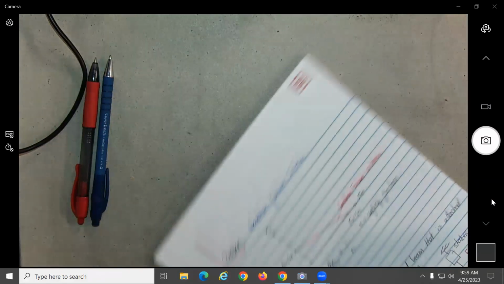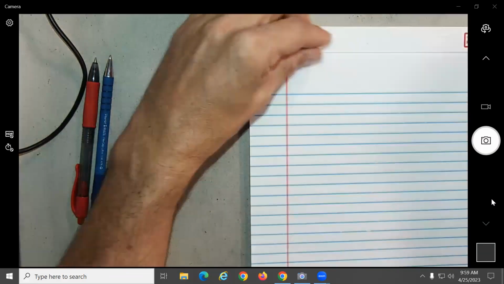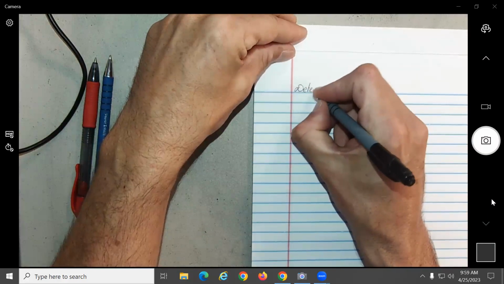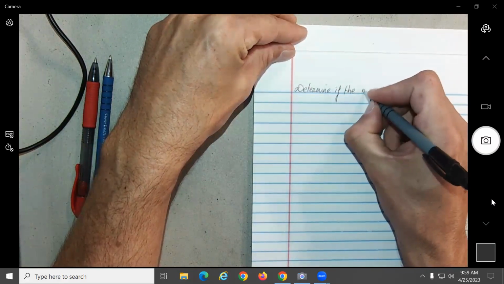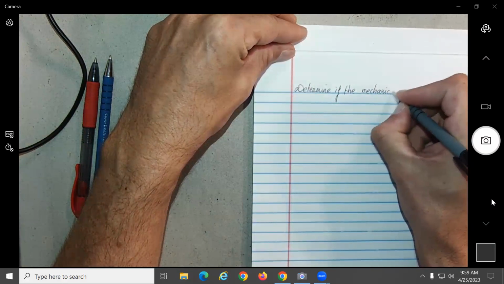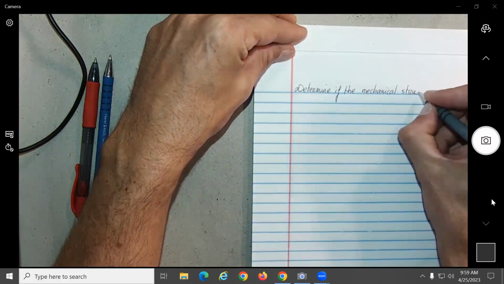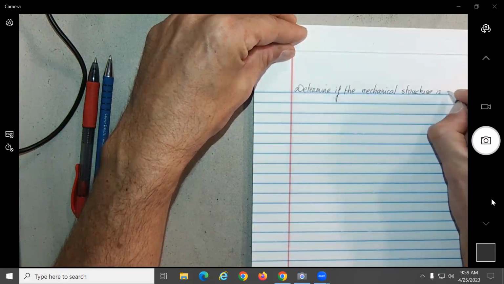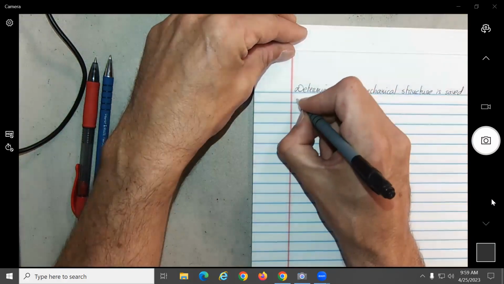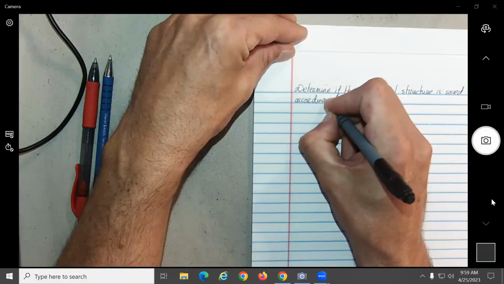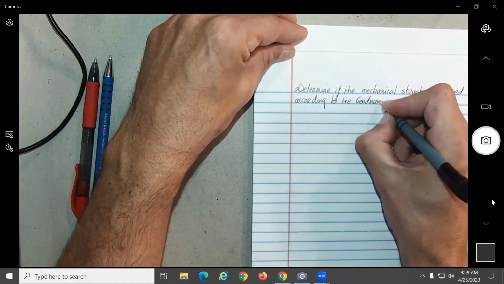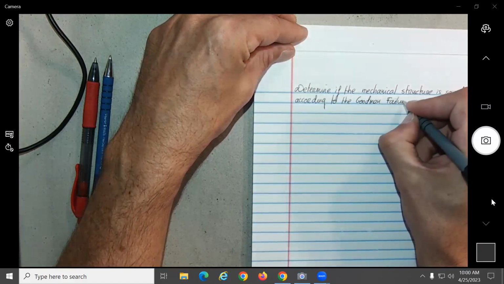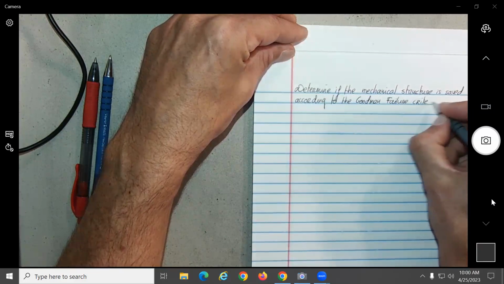So the question: determine if the mechanical structure is safe according to the Goodman criteria.